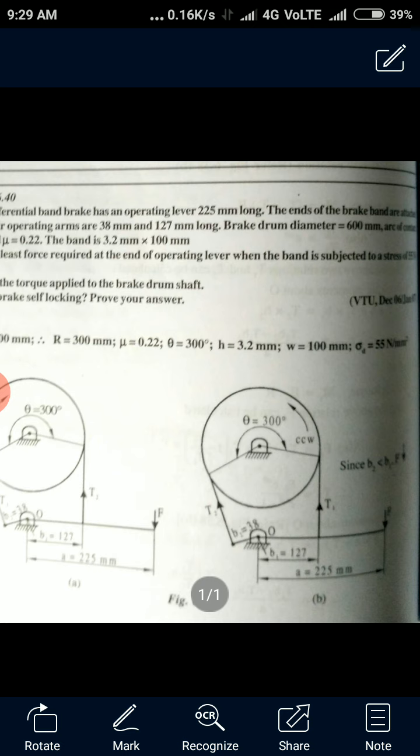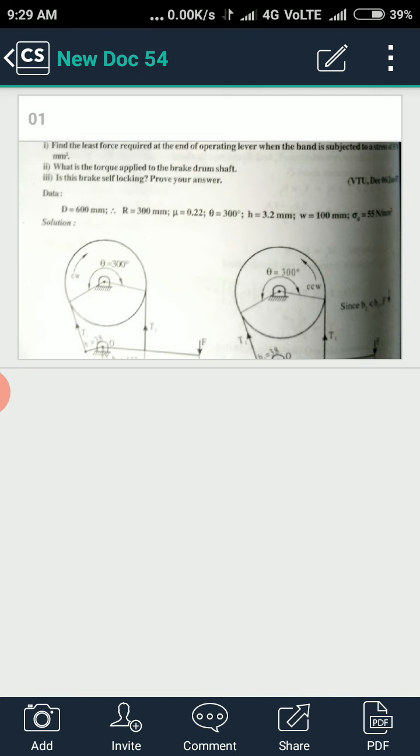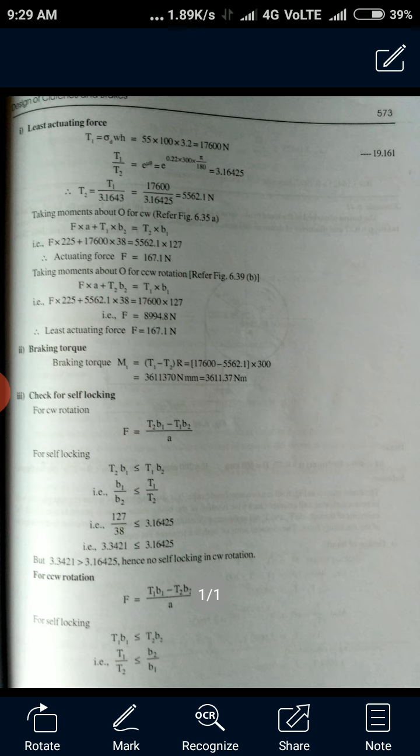F makes a clockwise and T2 again makes a clockwise. So T2 and F make a clockwise, T1 makes an anti-clockwise. So T1 into B1, T2 into B2 and F into A, force into distance. Similarly we write the equation: for counterclockwise, F into A plus T2 into B2 equals T1 into B1.